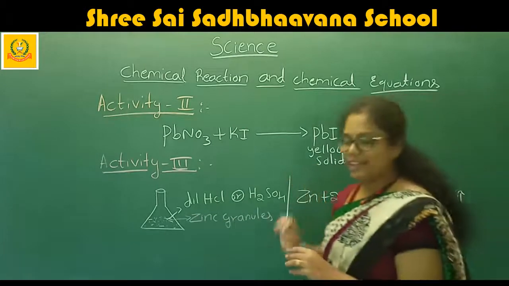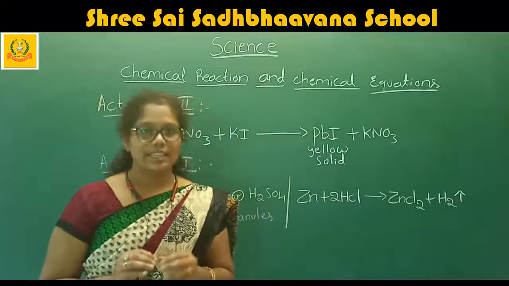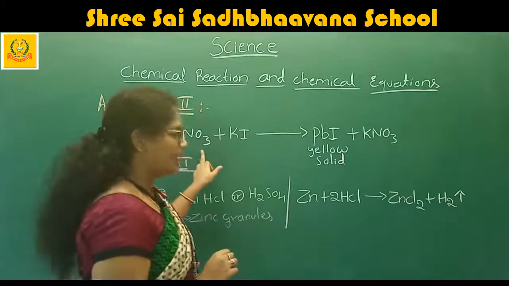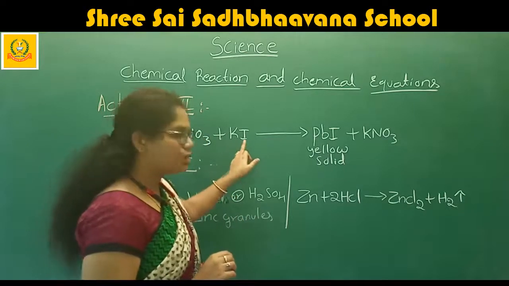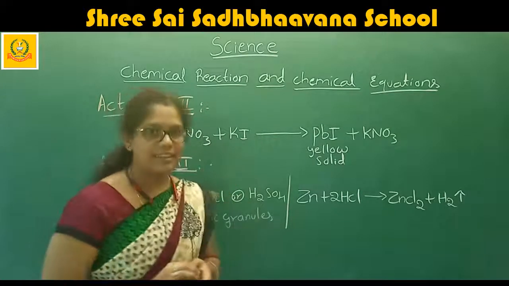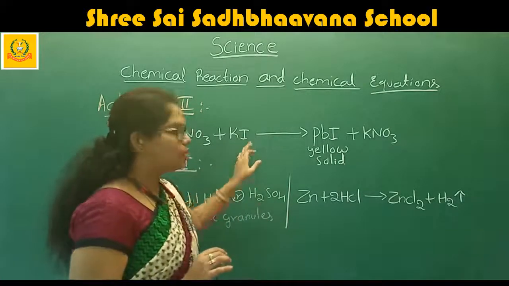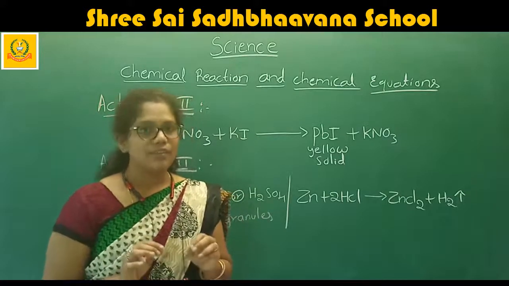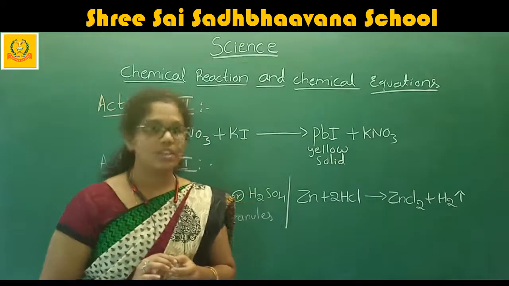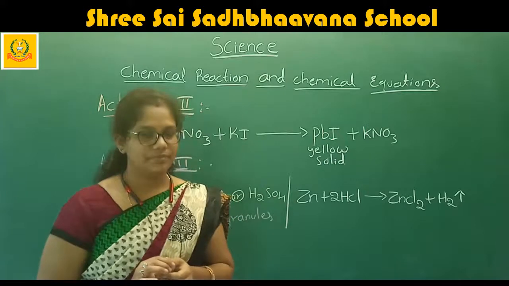This is one of the activities, one example to show a chemical reaction. What is the example I said? When lead nitrite, PbNO3, is reacted with potassium iodide, KI, lead iodide and potassium nitrite are formed.